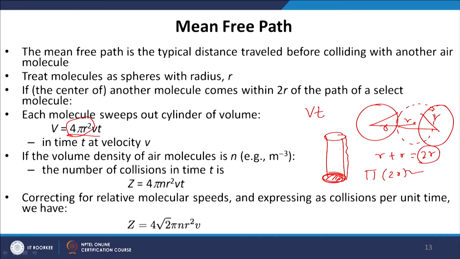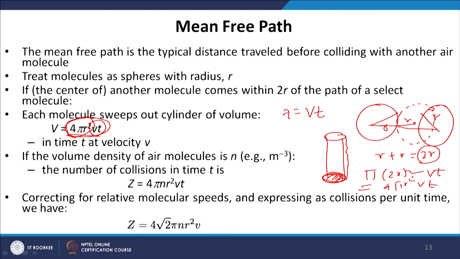So, that length, this z length, is equal to v into t. That is why the volume is π into (2r)² into v into t, that is 4πr²vt, the volume of the cylinder. So, each molecule sweeps a cylinder of volume 4πr²vt in time t at velocity v.